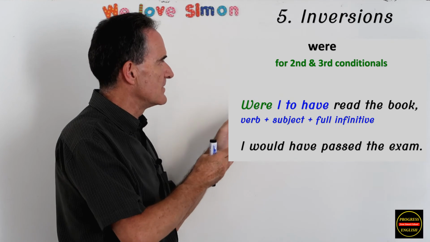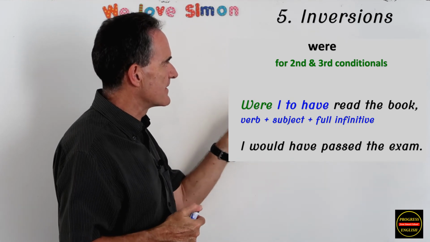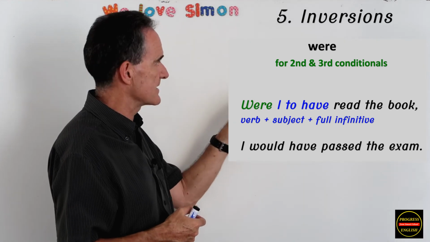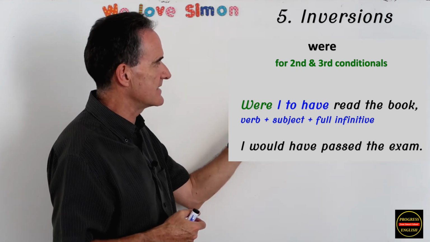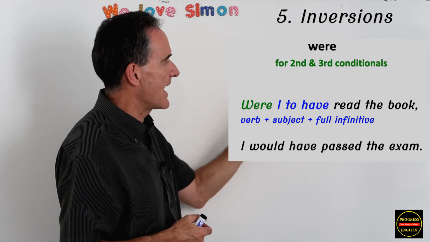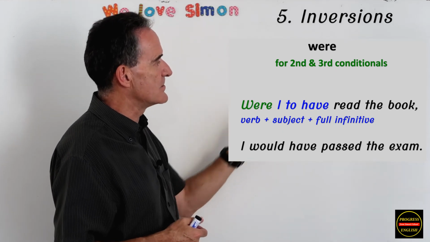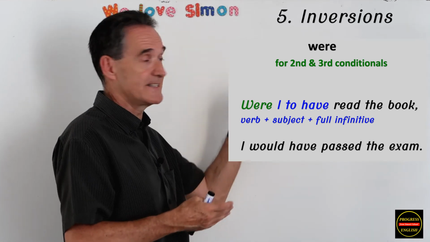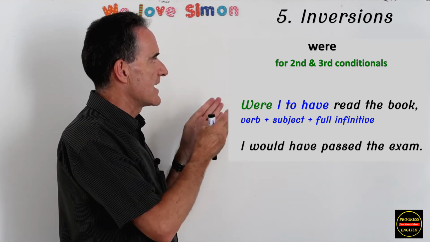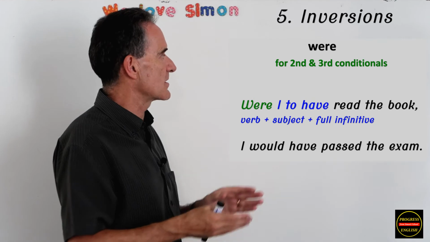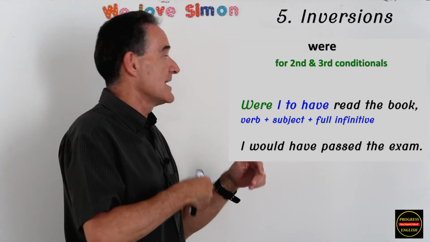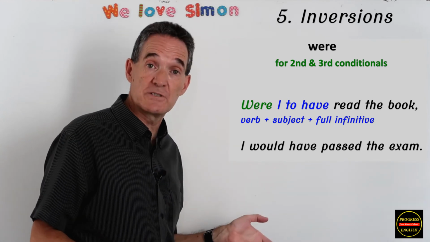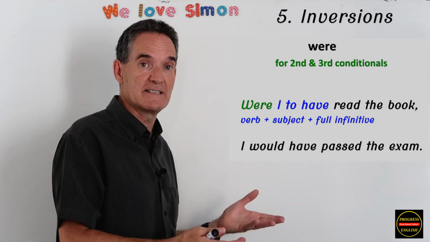So remember, you need the verb were plus the subject, I in this case, plus the infinitive to have, and then you need to use the past participle of the main verb, in this case, read. So we have, were I to have read the book, I would have passed the exam. But this sounds very, very formal, and you probably wouldn't use it for speaking, just for writing.